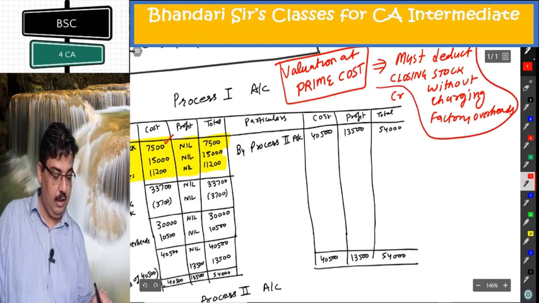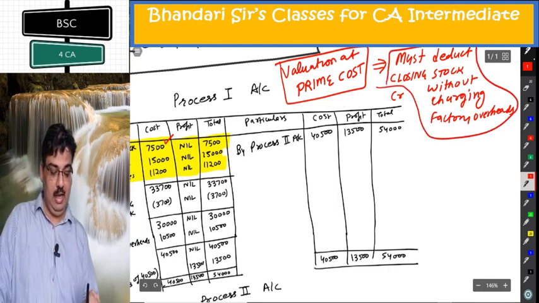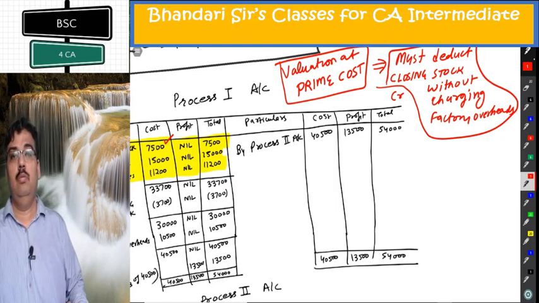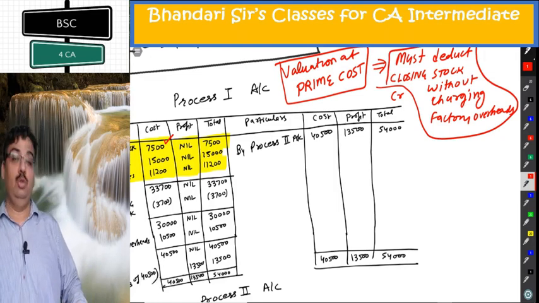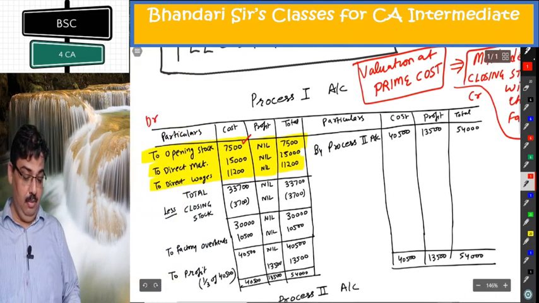Will you charge factory overheads in the process account? Yes, I will charge, but after deducting closing stock, to be deducted from the debit side.